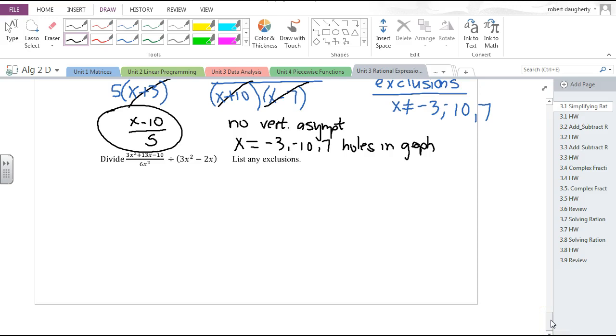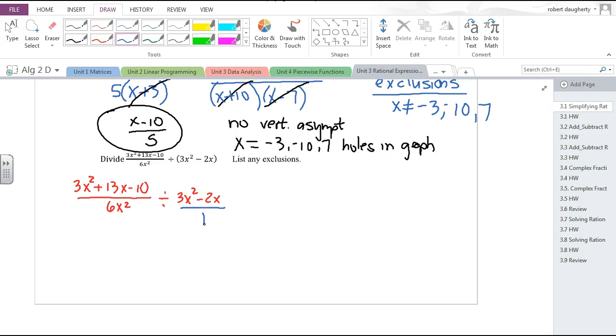So let's look at this example. I've got 3x squared plus 13x minus 10 over 6x squared divided by 3x squared minus 2x, okay? So I'm dividing by, it may help you to do this, okay? I need to change this division to a what?